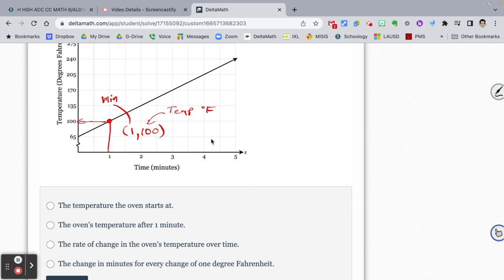The oven's temperature after 1 minute. I think that's it. Let's look at the other ones just to be safe. The rate of change, no. Rate of change is slope. The change in minutes for every 1 degree Fahrenheit. Yeah, I think it's this one. I think that's what we do when X is 1, we know it's 100 degrees. All right, let's try it.